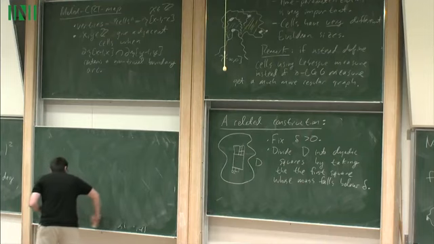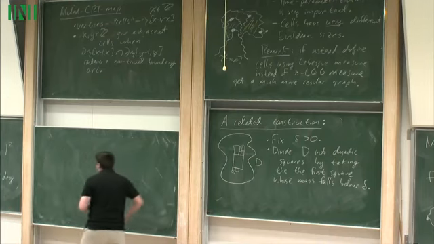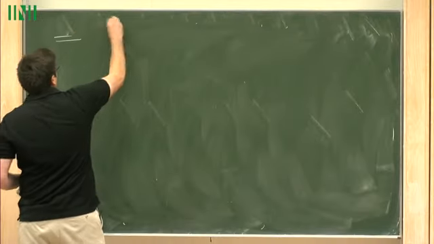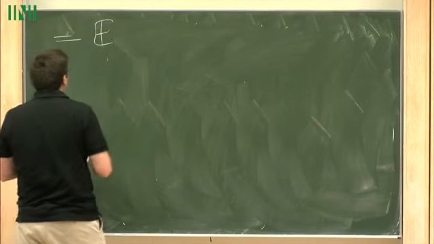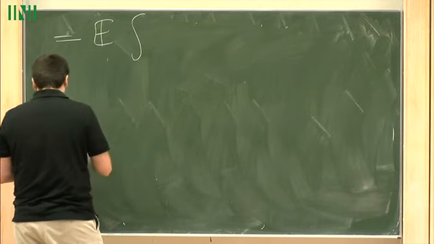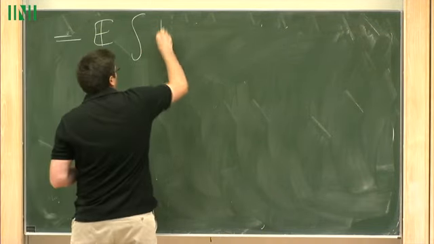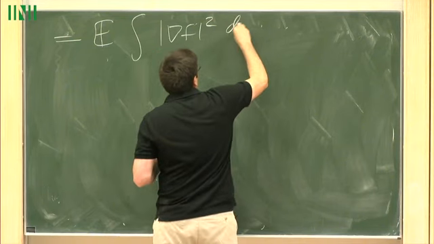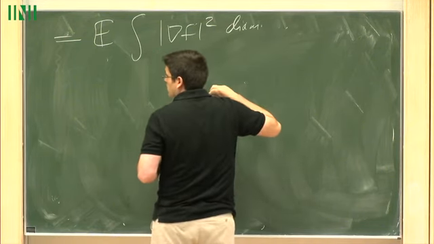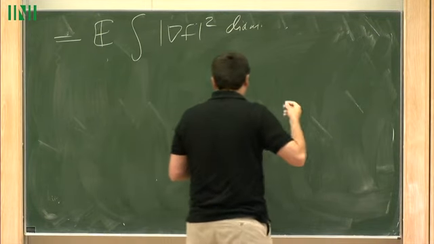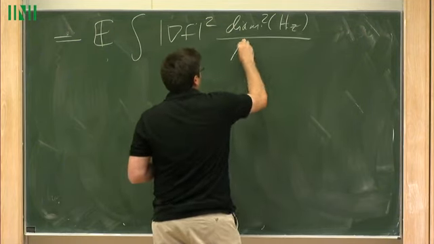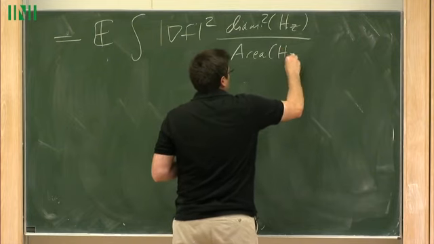Namely, whenever you're confronted with something like this, what you always do is rewrite the sum as an integral. So this is the same thing as taking an expectation, and then rather than summing, I'm just going to integrate. In order to turn this into an integral, I have to deal with the change from summation to integration, which means I need to divide by the area of my cell.